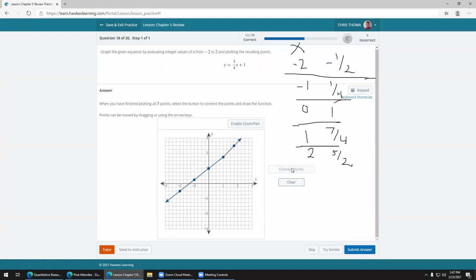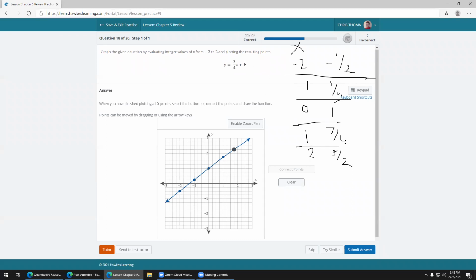Connect the points. Something doesn't look right here. This one might be too high. One of these is off because it should be a nice line. So let's check my numbers here. 7/4, 7 divided by 4 is 1.75.